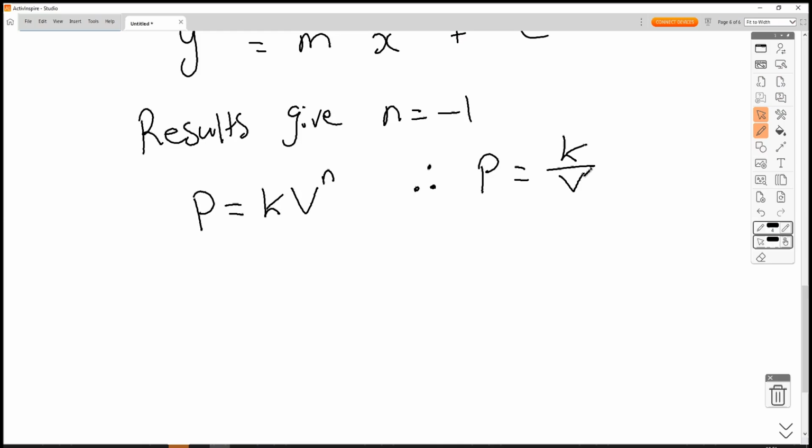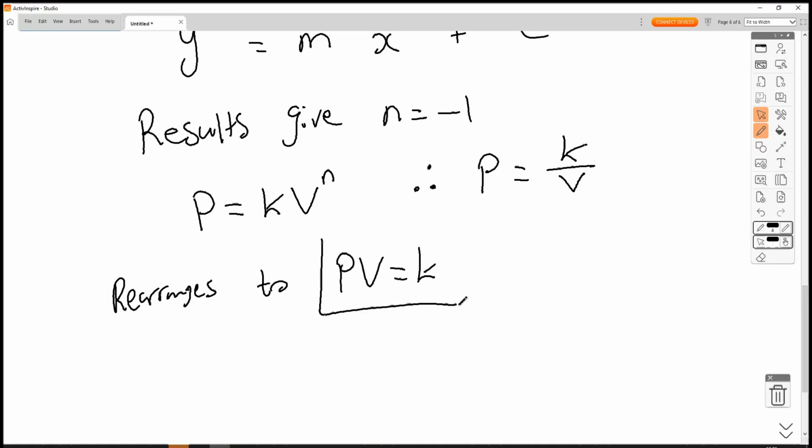Now, log k is just an intercept, which means it's just a constant. So in this case, k is still a constant. Now rearranging this, if we bring the V over to the other side, it rearranges to PV equals k, which is a constant.